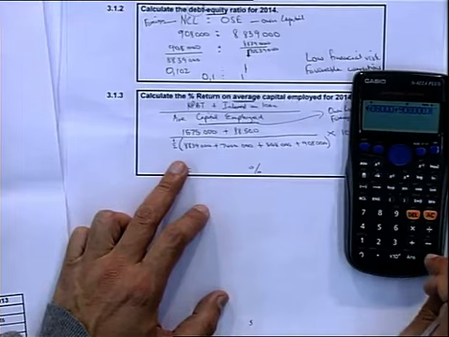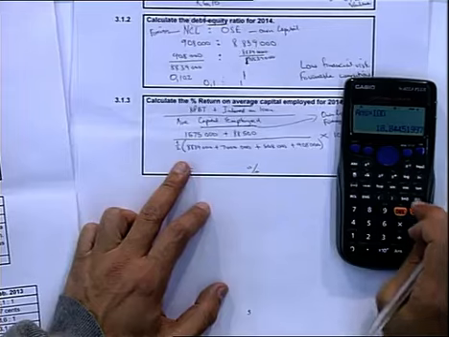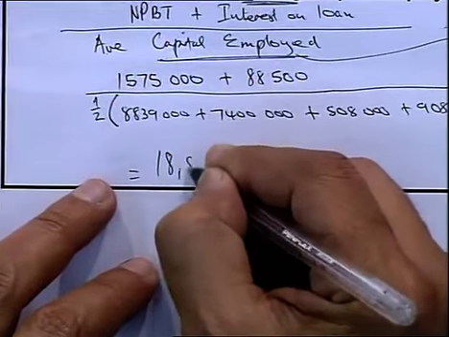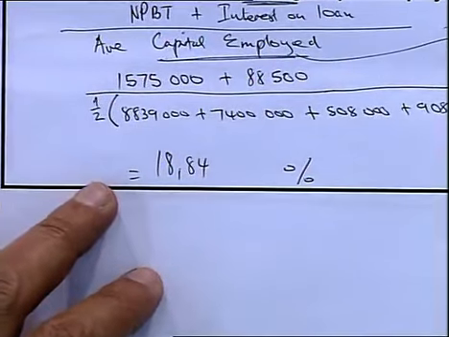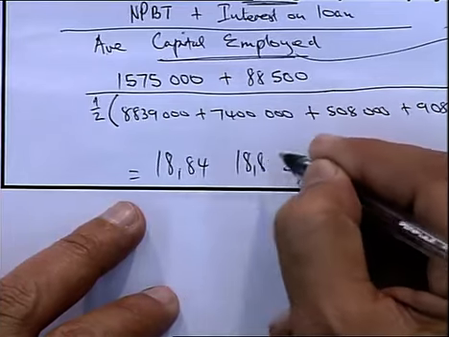Close your bracket and you multiply with 100. You should get 18.84%. Right, so if we're rounding it off, we can just call it 18.8%.